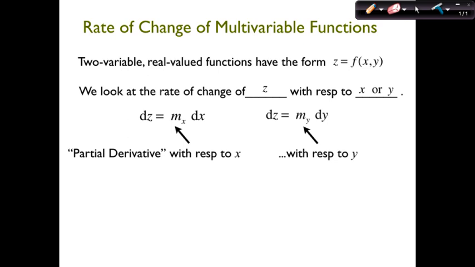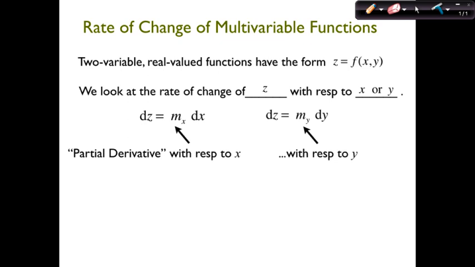So partial derivative, because it doesn't tell the whole story about how changes in z can come about, right? We're just looking at the part of it where we change x and see what happens to z. And then the other part of it is where if you change y, see what happens to z. So if I change x and I'm looking at changes in z, what does that mean for y? If I'm analyzing the change in z for a change in x, then what about y in that case?